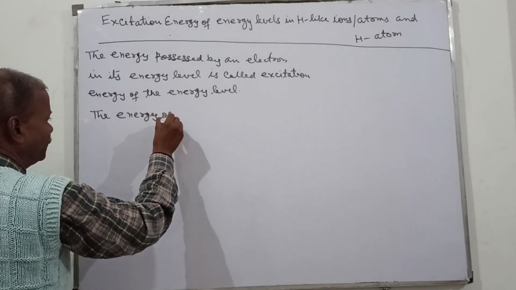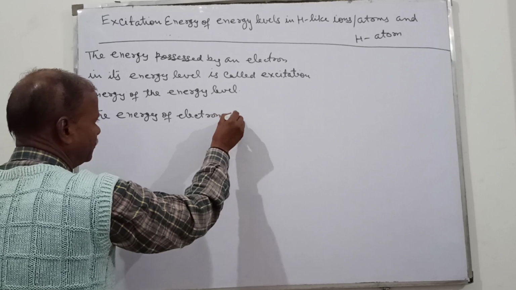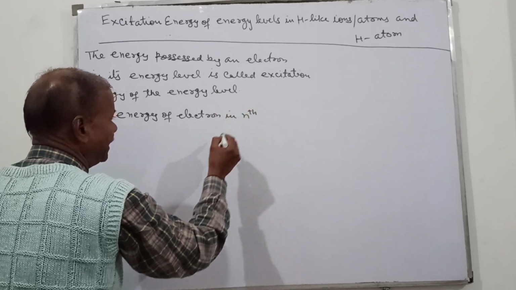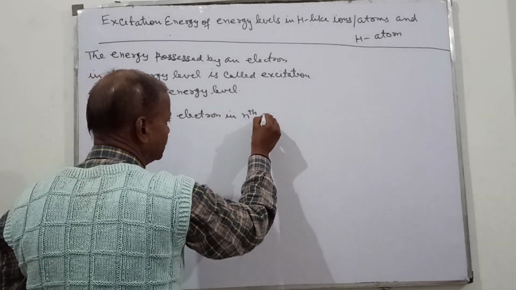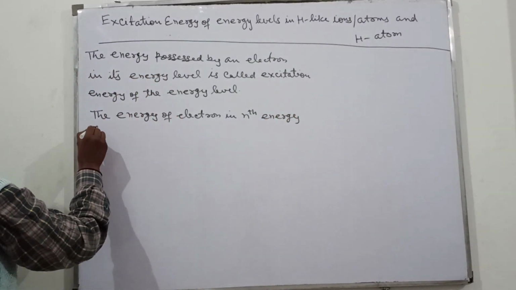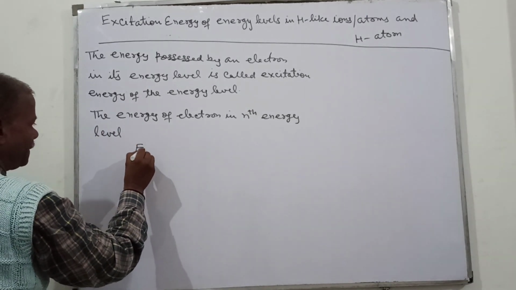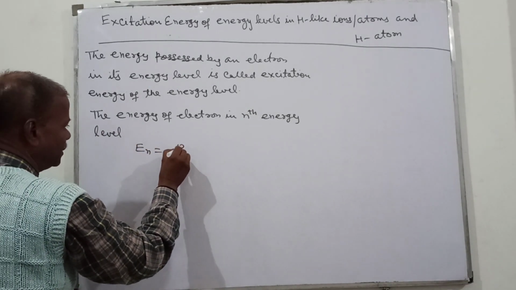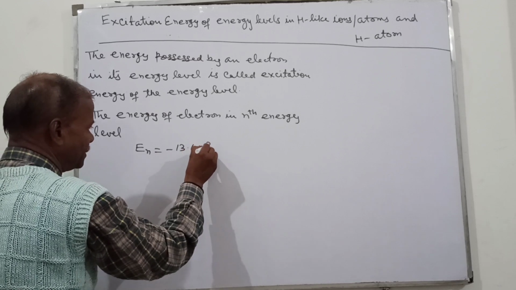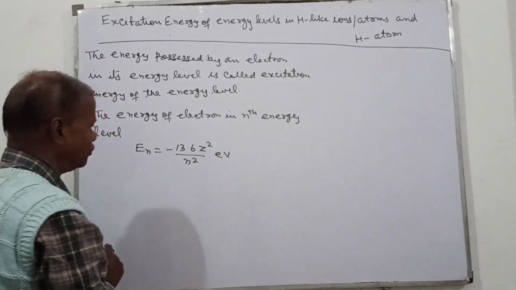The energy of an electron in the nth energy level, En, equals minus 13.6 Z square upon n square electron volt.